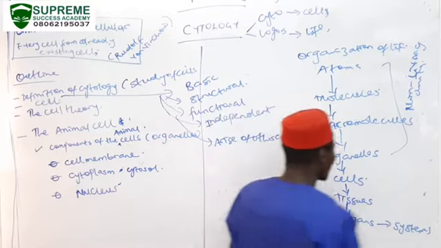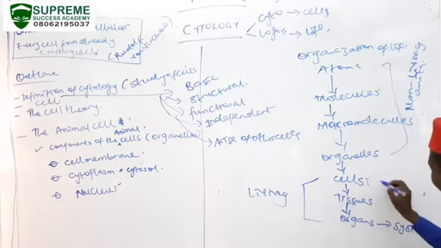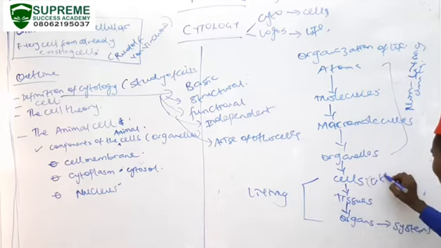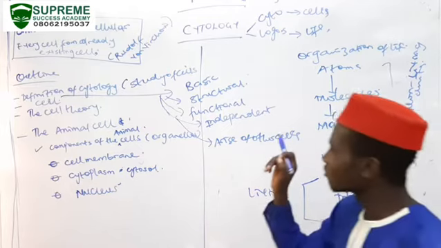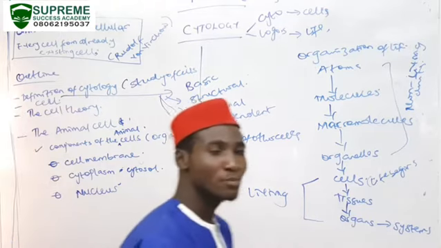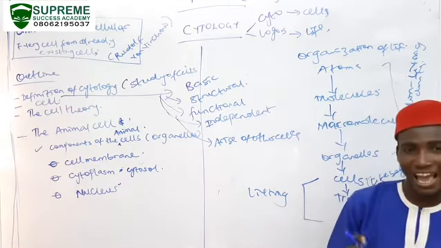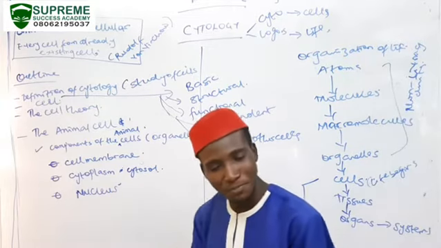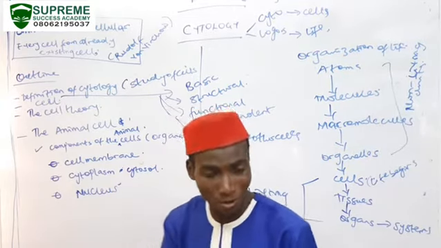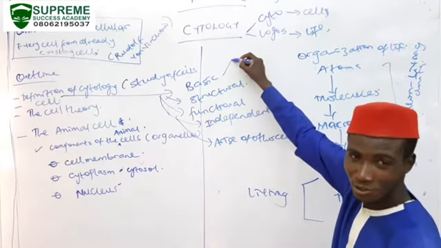So we can say the very point where life starts is the cell. Life begins with the cell. That is why Rudolf von Virchow said omnis cellula e cellula, or in the words of the proponents of cell theory, every unit of life is based on the cell. The cell is, like I said, the basic, simplest unit of life.